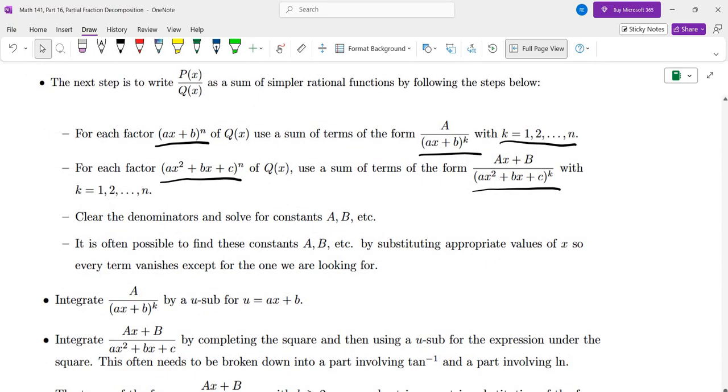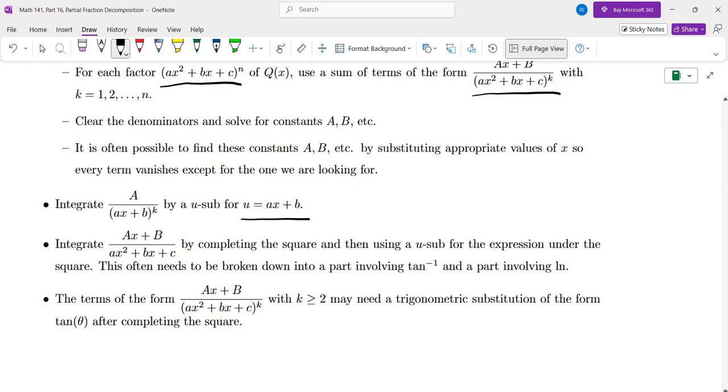Then you clear the denominator, you solve for all of those variables, A, B, C, etc. And then after you find those variables, you integrate A over ax plus b to the power of k by a u substitution for ax plus b, and you integrate the other ones, the quadratic ones, by completing the square. And that sometimes, if k is greater than or equal to 2, requires you to use trigonometric substitution of tangent of theta.